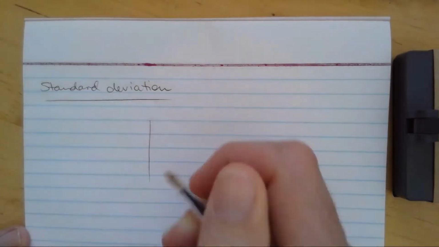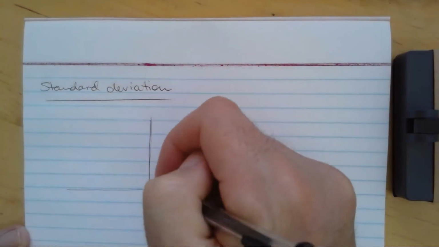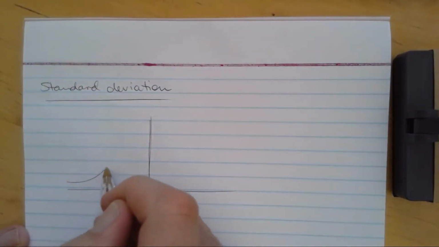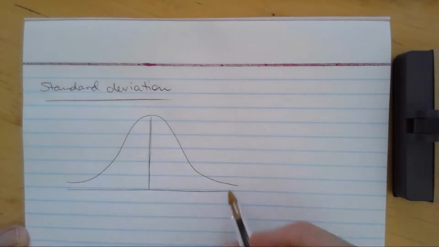The standard deviation is a really good one for looking at spread. It actually tells us a little bit more about the specific spread of the data in the sample. You may have heard the bell curve mentioned before.